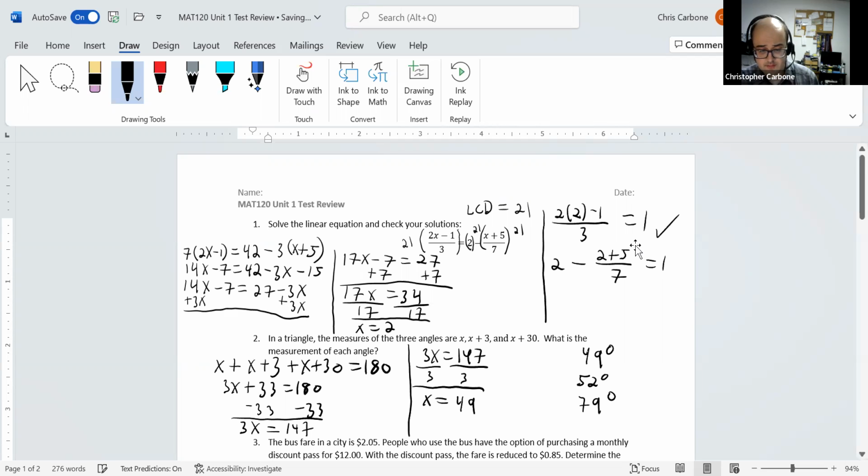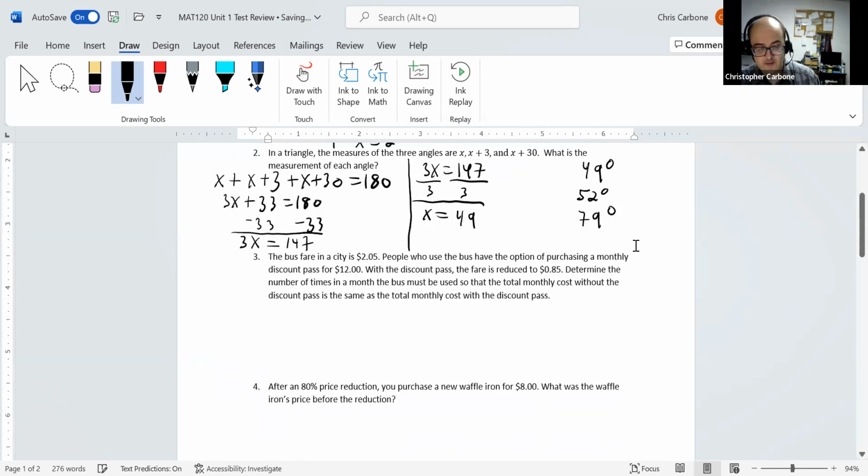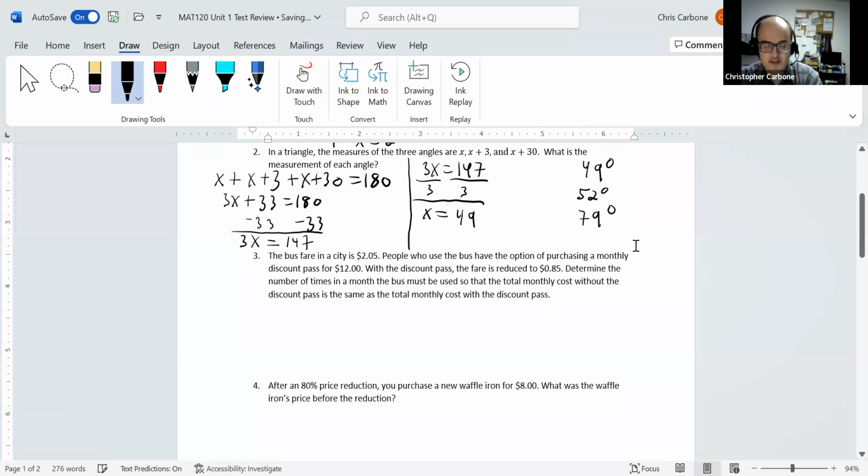For question 3, we have the bus fare in a city is $2.05. People who use the bus have the option of purchasing a monthly discount pass for $12. With the discount pass, the fare is reduced to 85 cents.